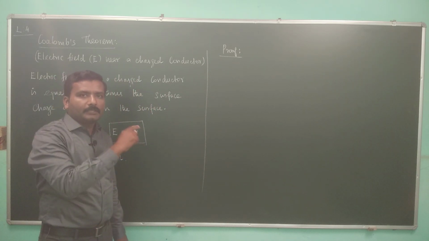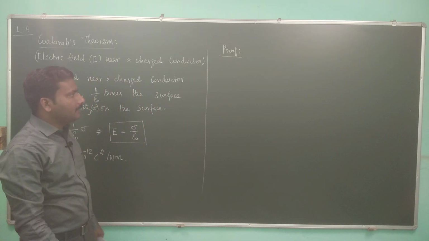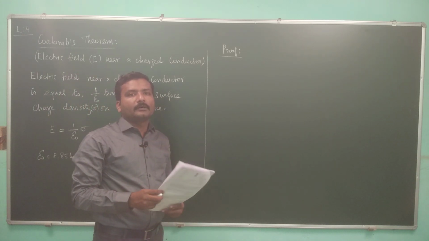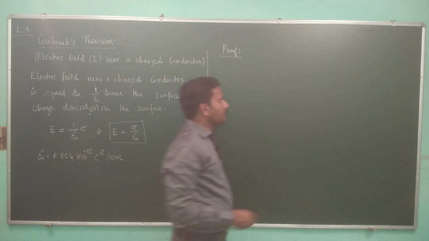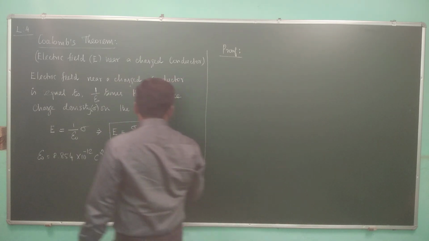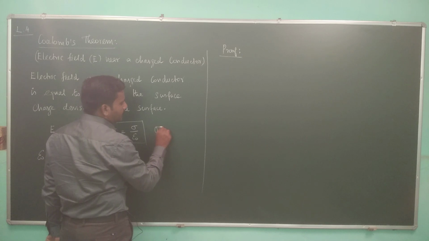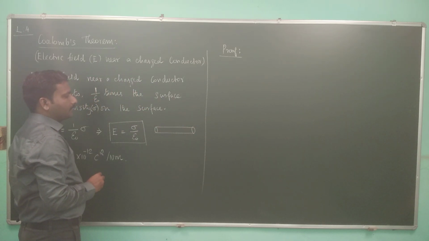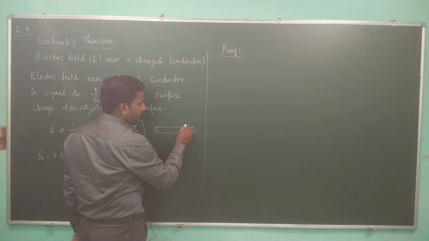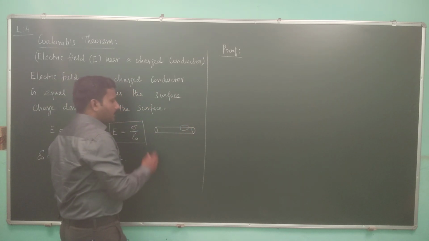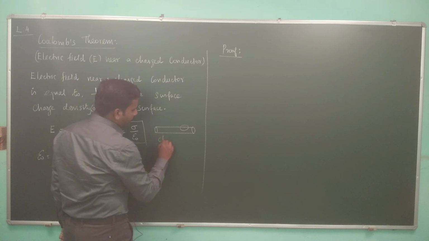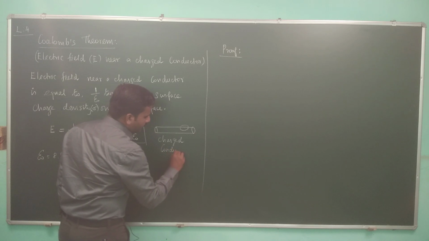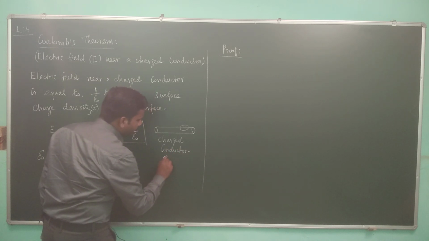In order to prove Coulomb's theorem, let us consider a small Gaussian surface of a charged conductor. Say, for example, if this is the charged conductor, let us consider a portion of a surface. It is essentially a charged conductor of cylindrical shape.